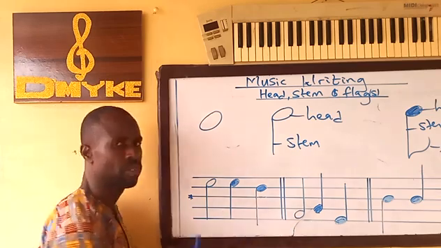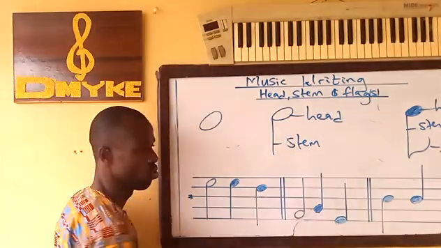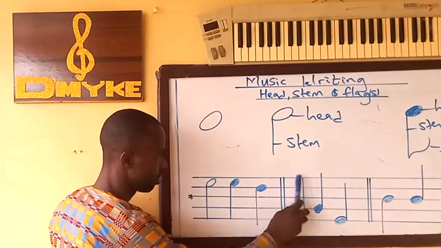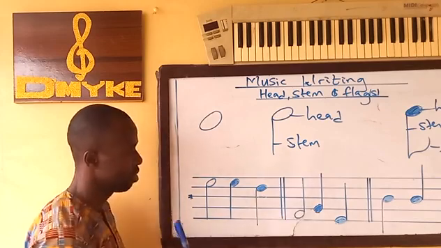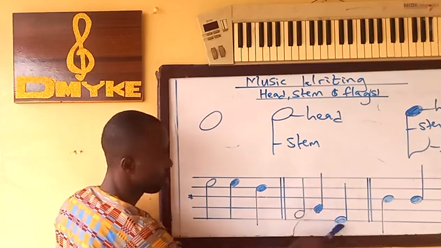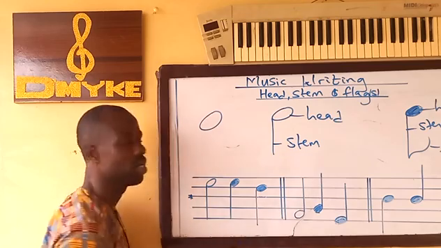Now, the B part of it. When the head is anywhere below the middle line, the stem goes up. Now, see, it's as long as the stem. So this one that has gone up a little bit, the stem has gone up a little bit. This one that has gone down a little bit, the stem has gone down a little bit.